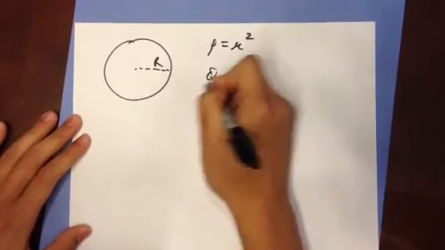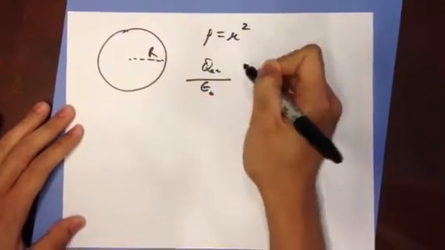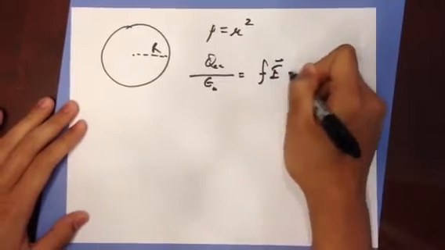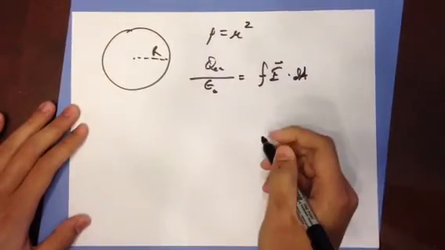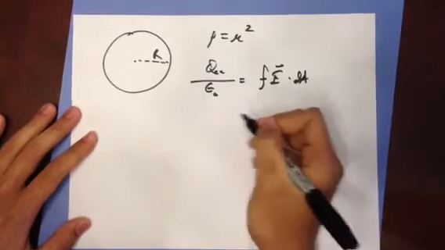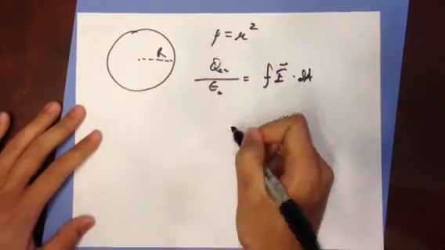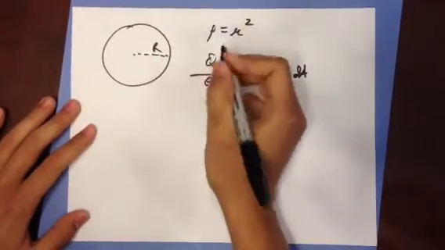Q enclosed over epsilon naught equals the closed integral of E dot dA. We want to find the total Q enclosed, and what that's going to require is an integral.